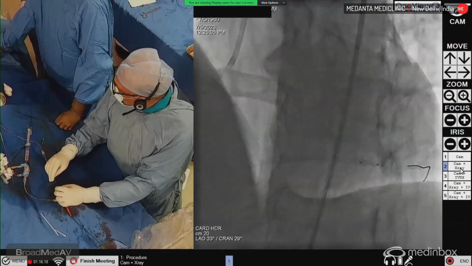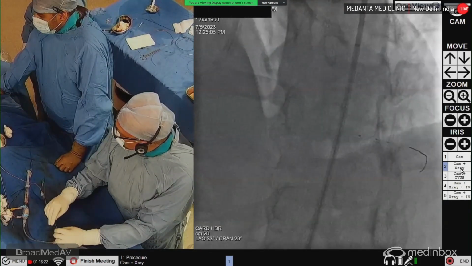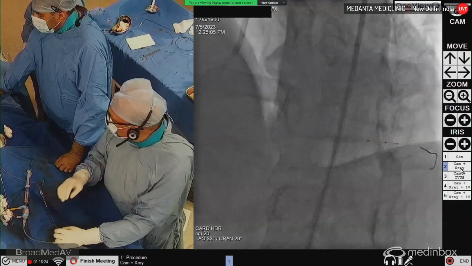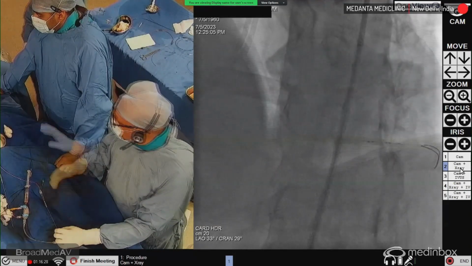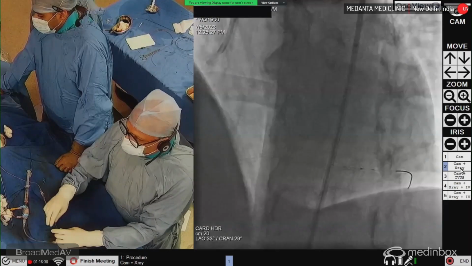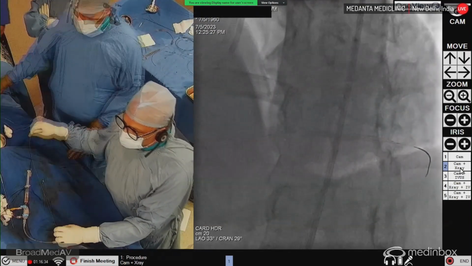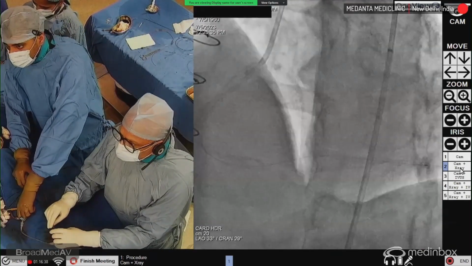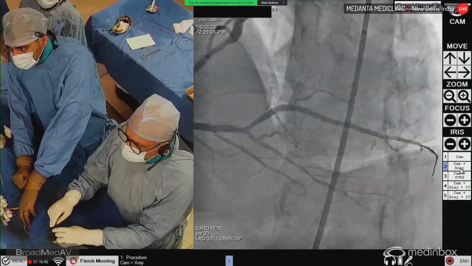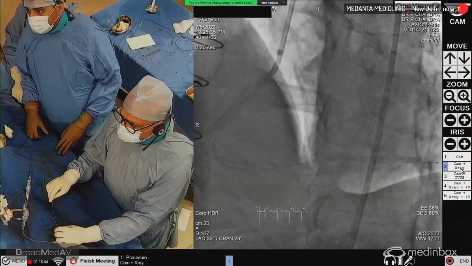It is needing some more dilatations. Go up. 2, 4, 6, 8, 10, 12, 14, 16, 18. Deflate. So I think we are fine. We will see how it looks. Check please.